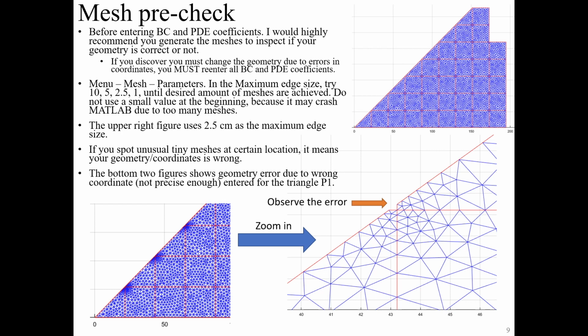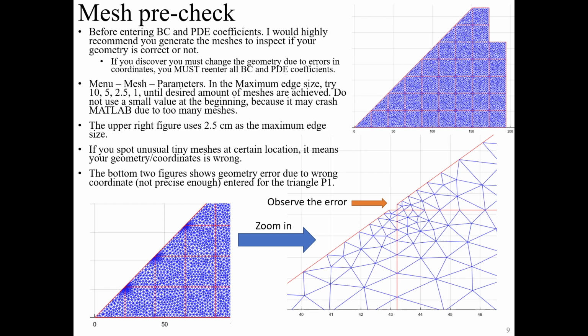If you spend lots of time entering the boundary condition and PDE coefficient, and later discover that your geometry is wrong, then you have to go back to your draw mode and redo everything again. That will waste lots of time. Therefore, we'd like to capture those errors before you enter your boundary condition and PDE coefficient.